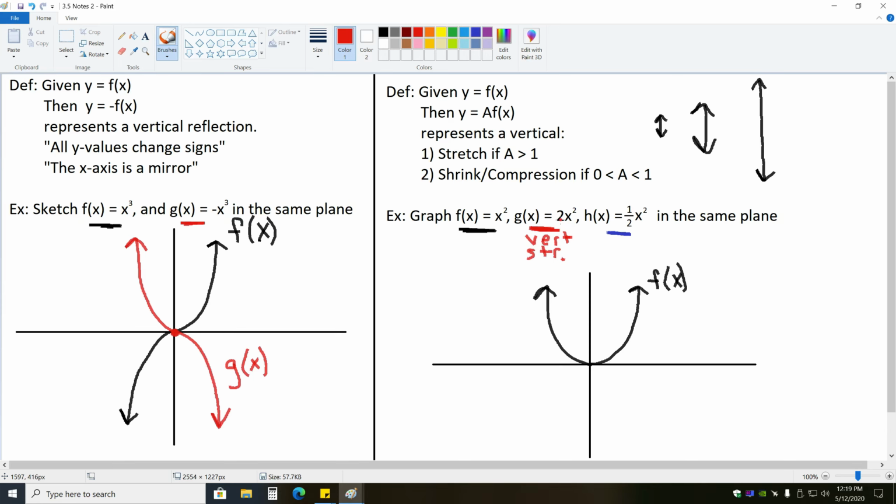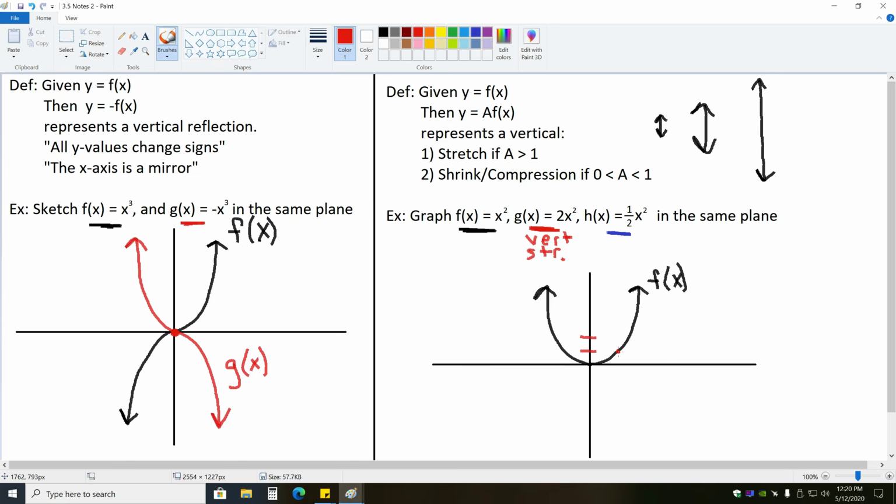Essentially, every y value is being multiplied by 2 when this happens. So if you were to look at this point right here on the original graph, if we said it was a y value of 1, well, what's going to happen to that y value? It's now going to become 2 because we are multiplying the y value by 2.